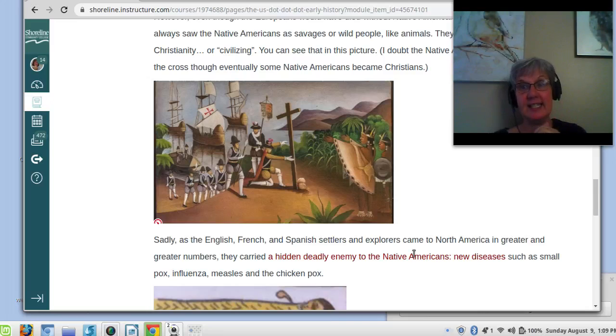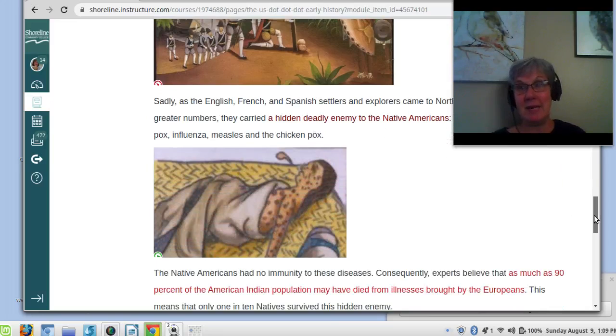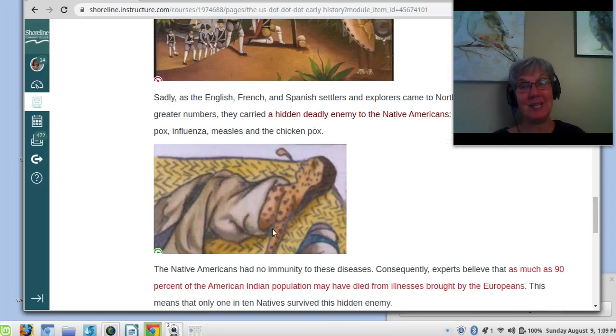Like COVID is a disease. So the Europeans brought these diseases to the Native Americans. And you guessed it, many Native Americans died because of these diseases.